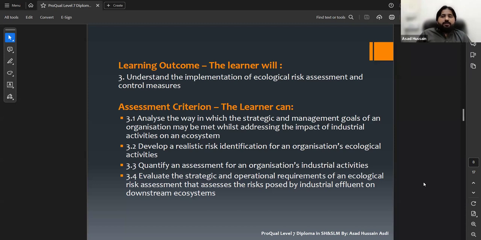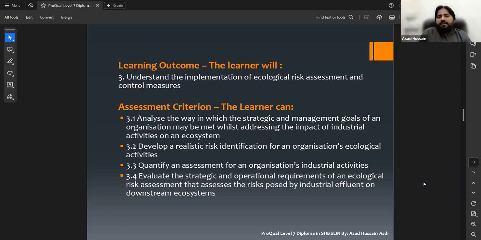There should be not only an environmental management system, but that EMS should be integrated with the occupational health and safety management system to gain results. What results? To stop or avoid the industrial activities which are harmful to the ecosystem.